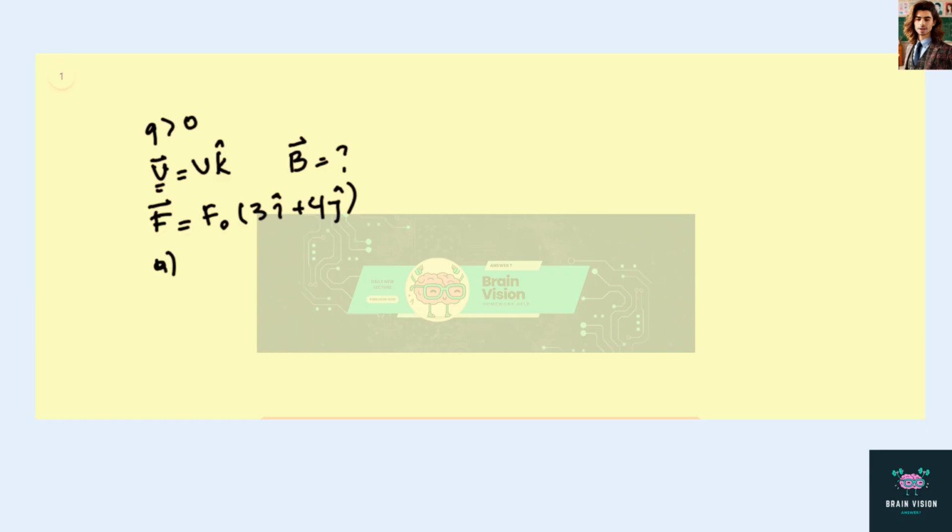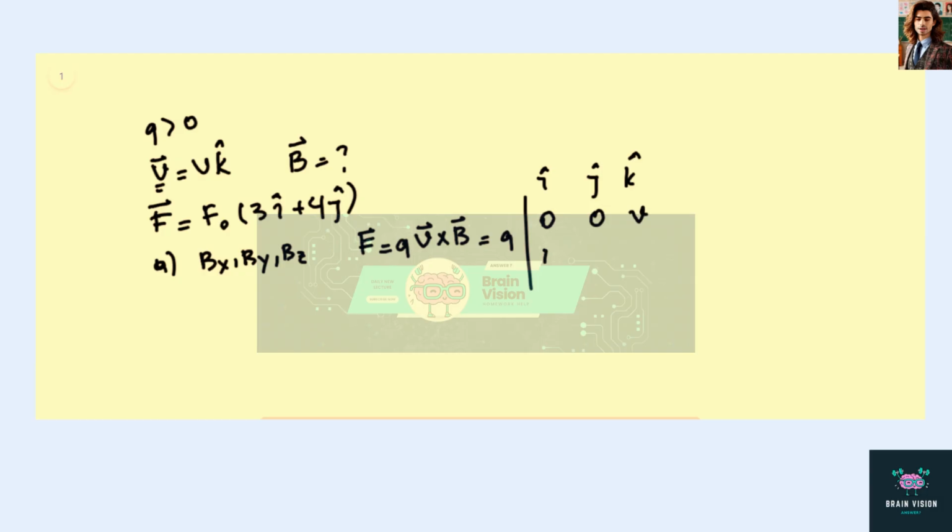Now, in part A, we're trying to determine the components B sub x, B sub y, and B sub z. In order to do that, we go to the definition of the magnetic force for a point charge: Q, velocity vector, cross product, the magnetic field vector. So Q times the determinant with i hat, j hat, k hat; the x component of velocity is 0, the y component is 0, we only have the z component, v. Then Bx, By, and Bz.